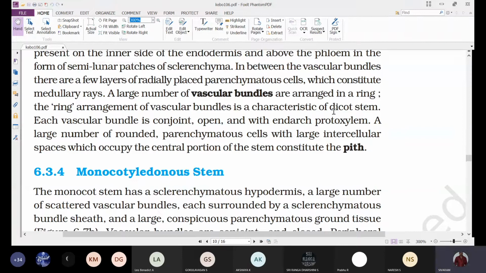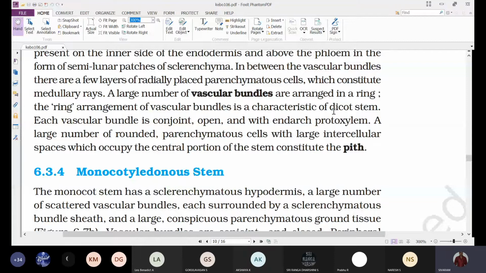We can see here each vascular bundle is conjoint. Conjoint means the xylem and phloem are present on the same radius, adjacent to one another. It is an open type of vascular bundle, that means cambium is present in between the xylem and phloem, and with endarch xylem. What is meant by endarch?